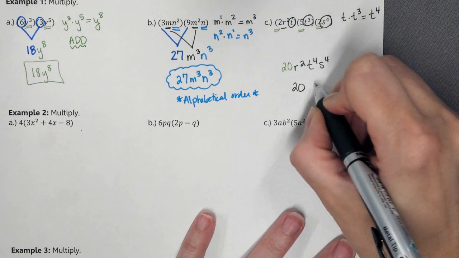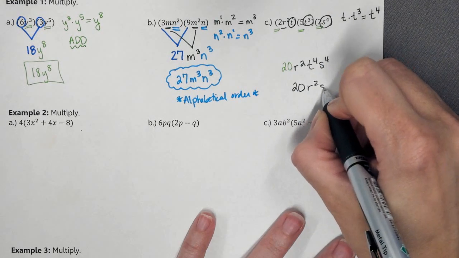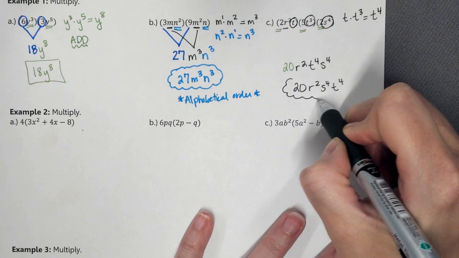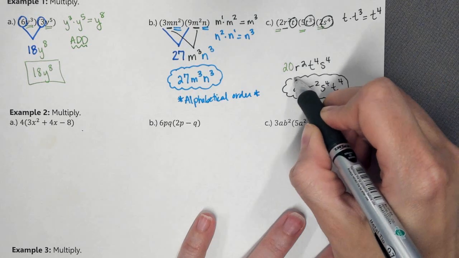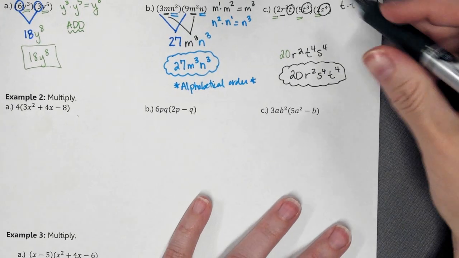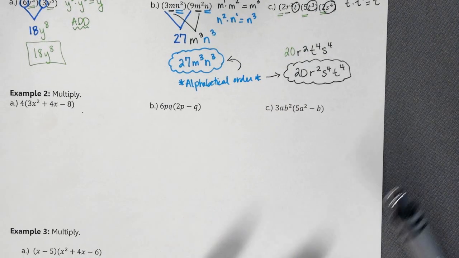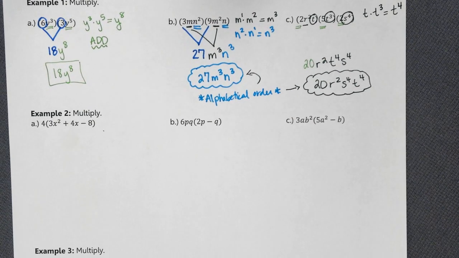It goes RST, so r squared s t. Alphabetical order. So that's how you multiply monomials together.